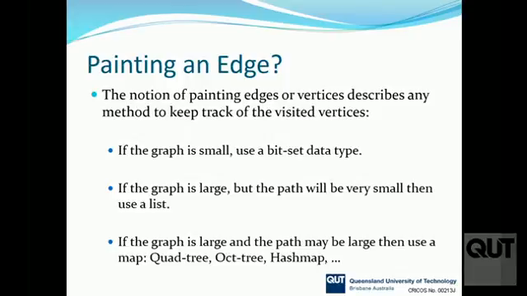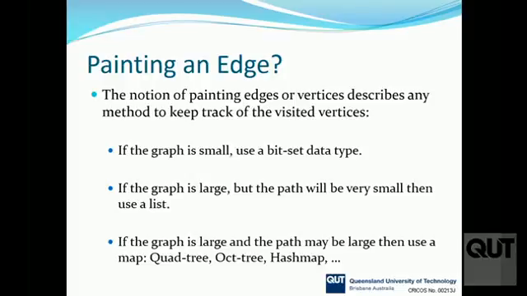So every time you visit a node, just stick that node into the visited list, and you just keep checking the list. Now the reason why I'm saying that if the graph is large but the pathway is small is because if the list gets too large, it might not be an optimal structure to search in. You might have to go through each element to find if that element matches a node that you're already looking at.